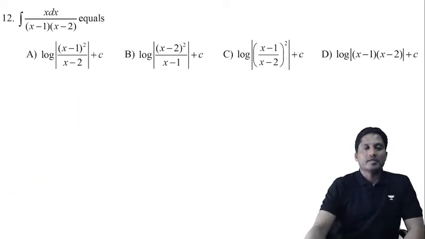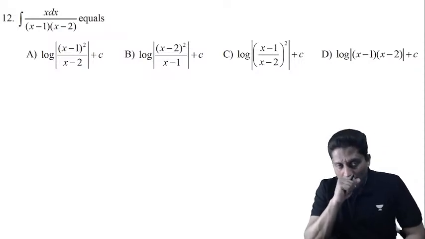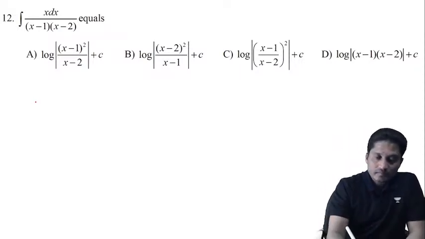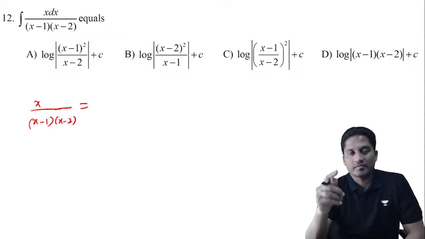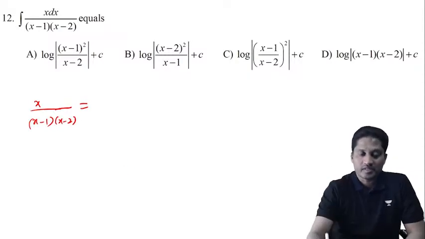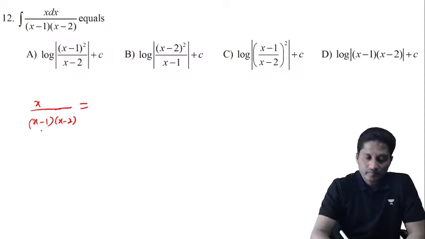Alright, question number 12. x divided by x minus 1 into x minus 2. I taught you the shortcut in my earlier videos, 19 paper, 20 paper, 21 paper KCET questions we have done. If I equate this to 0, x is equal to 1 and x is equal to 2.